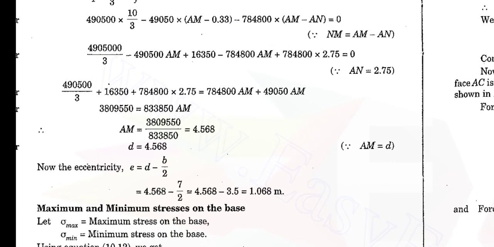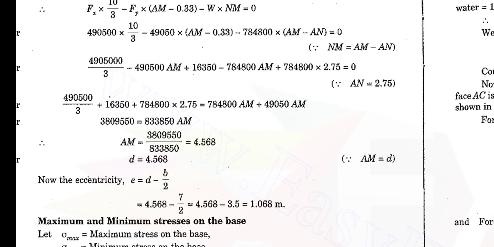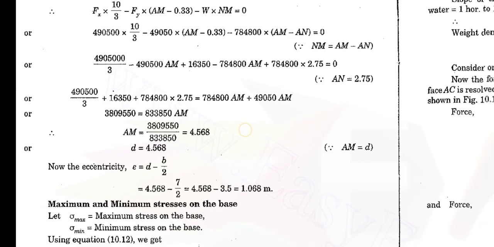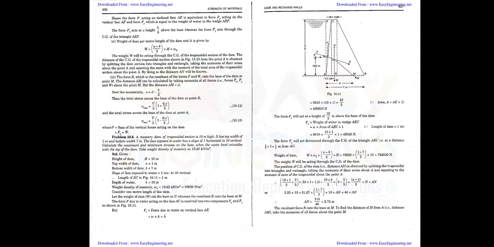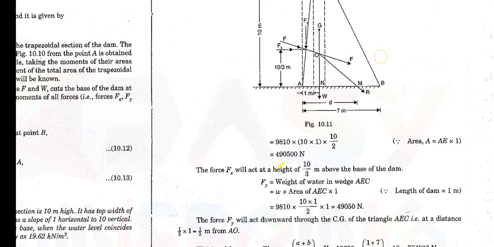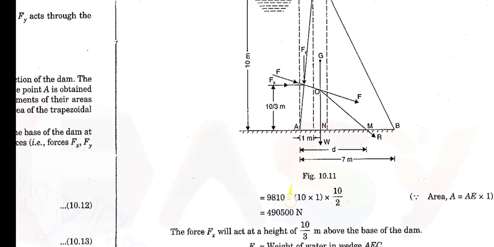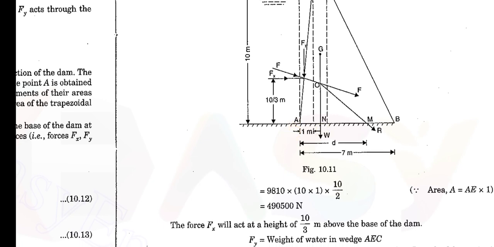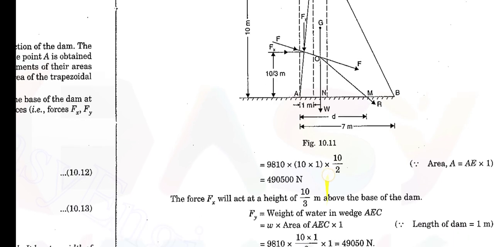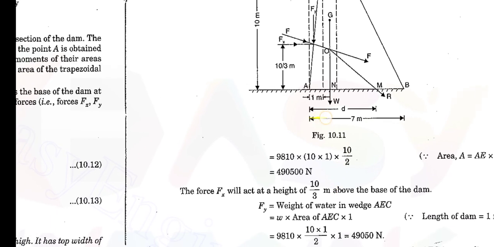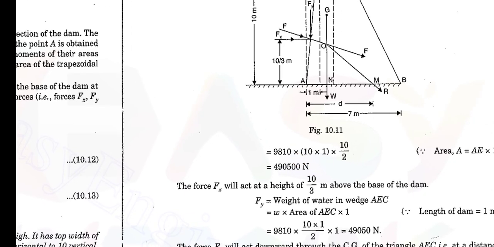Then the d value, you can see in the diagram. Now you have found the distance between A and G, and then you have to find this D distance. To find this D distance, we have to find the X distance, which uses the same formula, and then adding that you will get the D value.